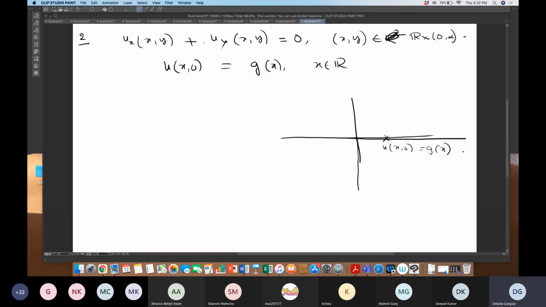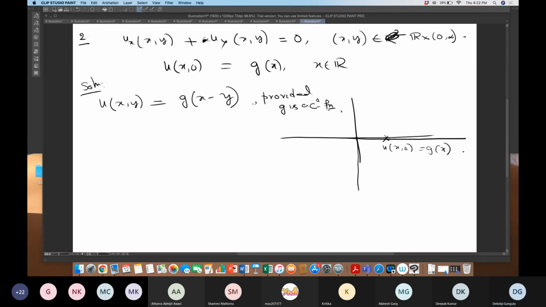Same thing, right? Instead of a, now I have put a equal to 1. So what should be the solution? Anyone? So what should be the solution? u(x,y) is g(x minus y). This is the solution, provided g is a C1 function. Why? Who will tell me why?